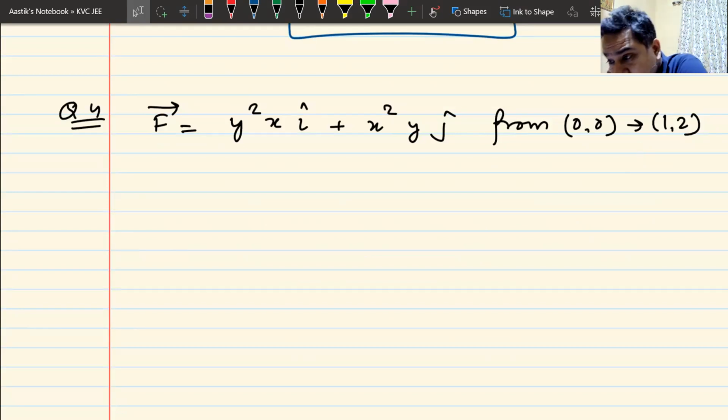Okay. So if you have done that previous question, here comes the next one. I have a force. You can see the force is y square x i hat plus x square y j hat.